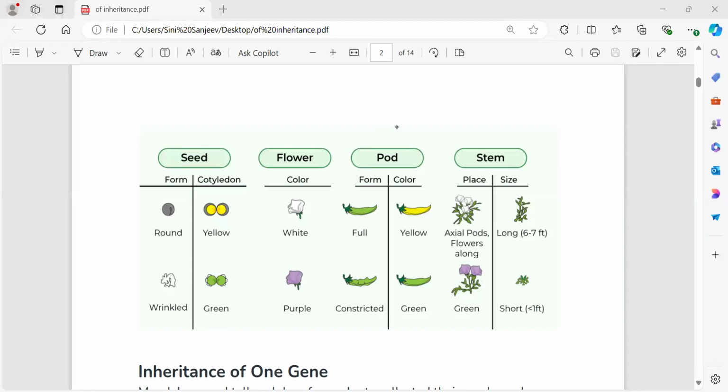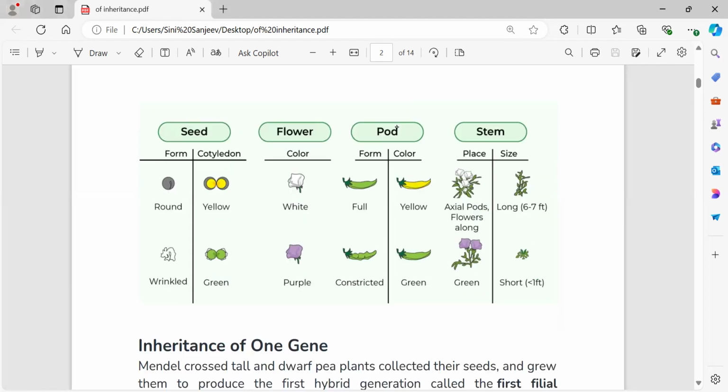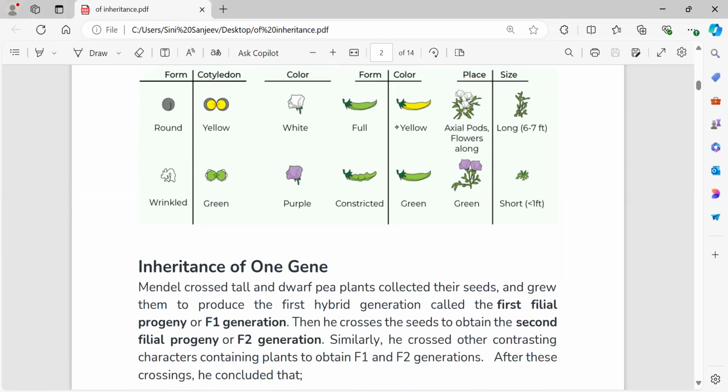These are the characteristics which he used to study. He used seed, flower, pod, and stem, and took different characteristics such as the color, the height, the size, and all those things. He took 7 such contrasting characteristics and combined them.